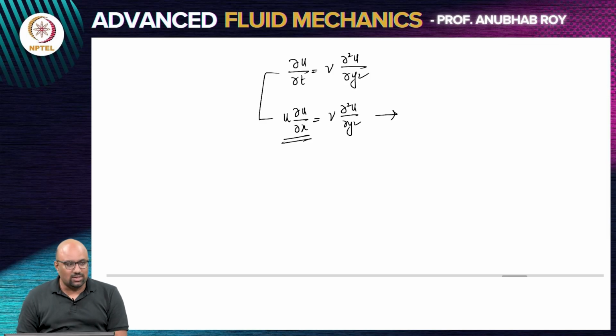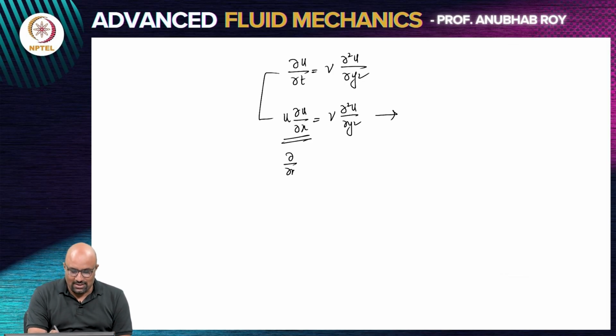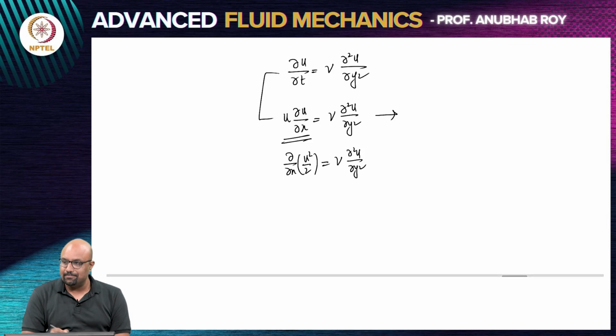They have some kind of similarity in a mathematical sense. If you write this equation down, the left hand side can be written as dou of u squared by 2, equal to nu dou squared u by dou y squared. It's a nonlinear differential equation. It's not a linear differential equation like the heat equation, but it still has that kind of a feature.